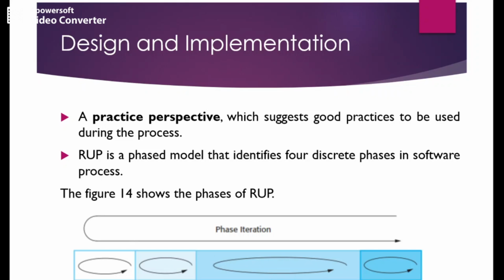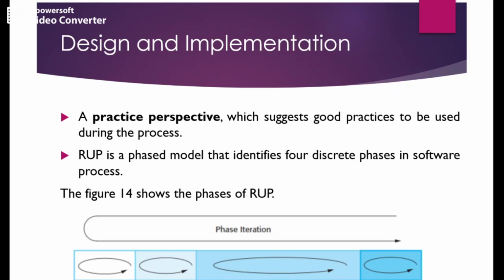Now look at the figure here. Phases in the rational unified process, that is RUP. So we have 4 discrete phases: inception, elaboration, construction, transition.